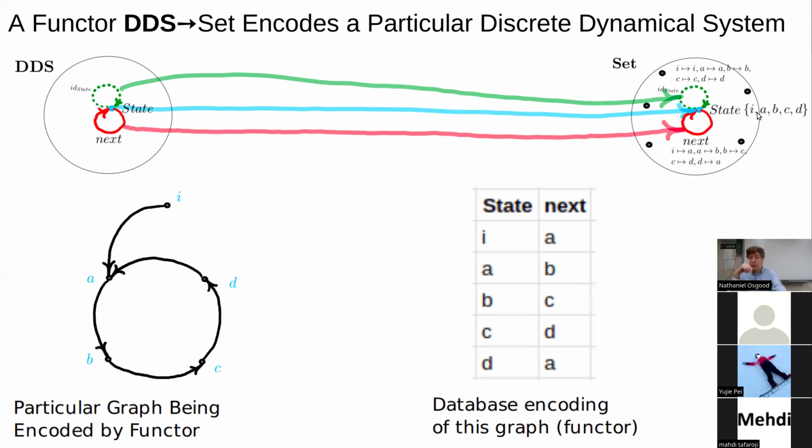Next maps each state in the dynamical system. If you're in that state, what's the next state?